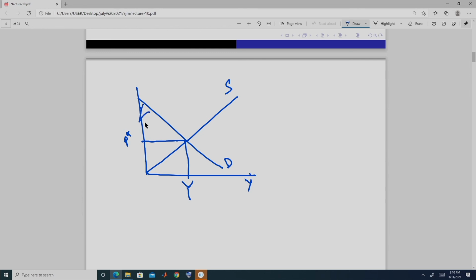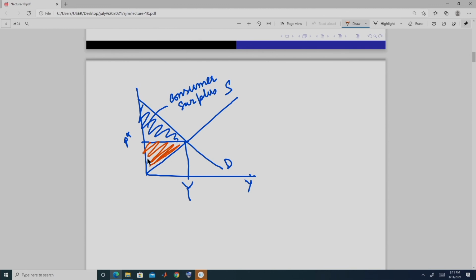Here this region is consumer surplus, and this region, this orange color, is the producer surplus.